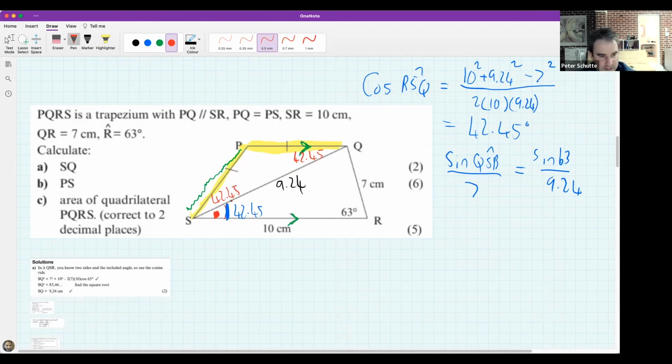Okay, now I'm getting somewhere, because if I know that's 42.45 and that's 42.45, what is P going to be equal to? That's what I want to know. So what is angle P going to be equal to?